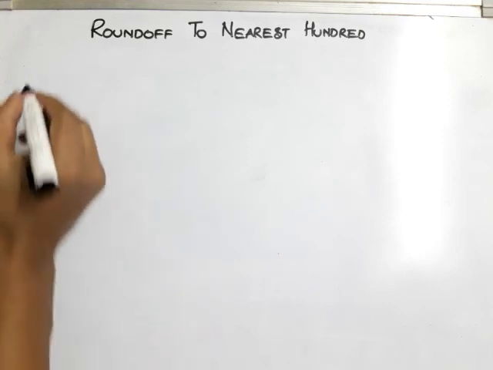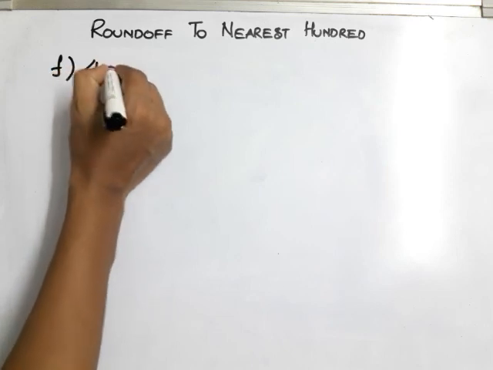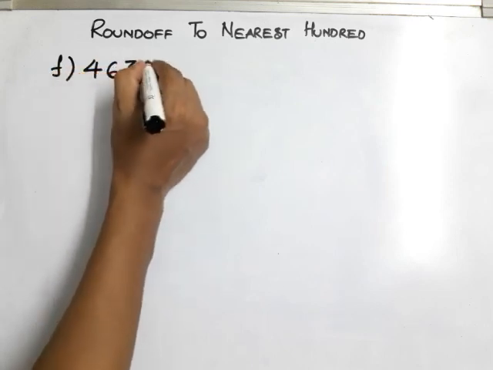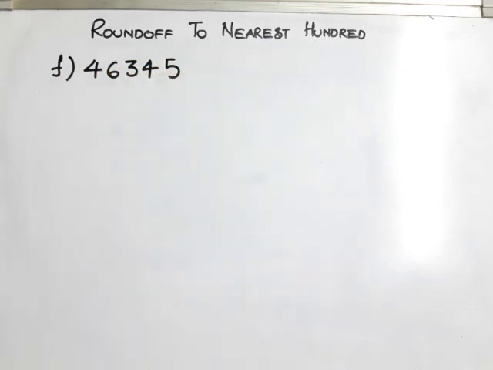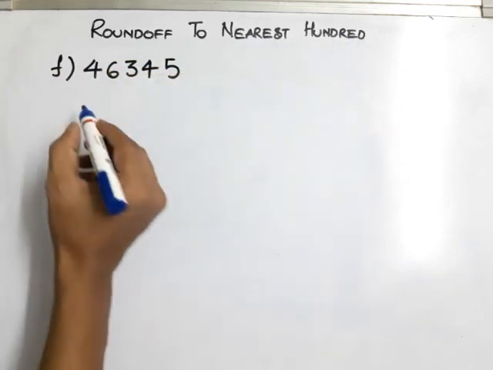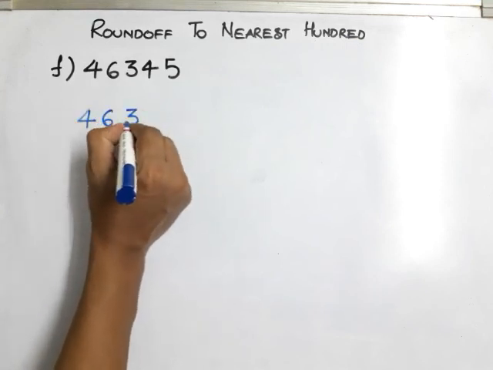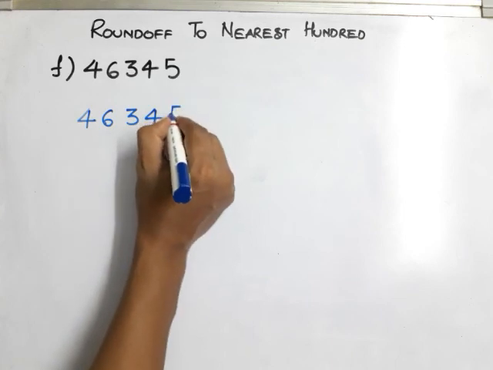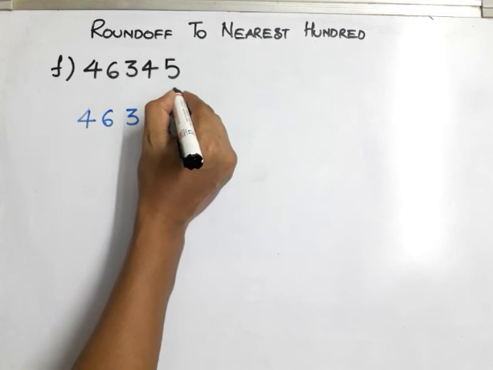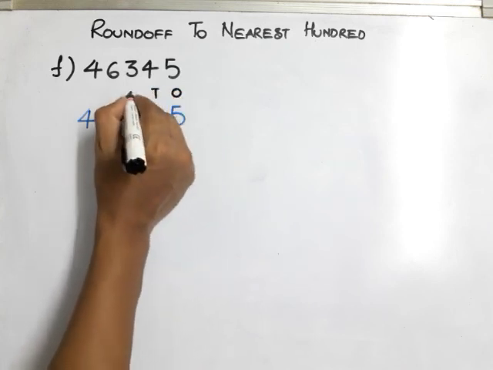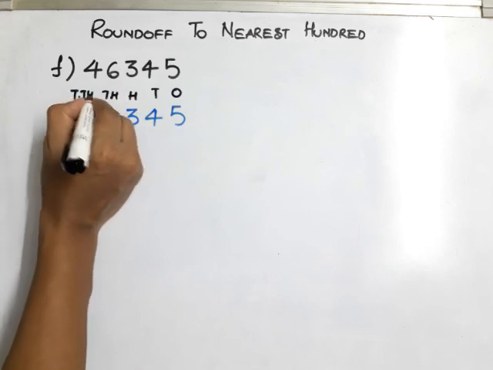The next example which I am going to take is 46,345. Same concept, round off to nearest 100. So I am writing the number 46,345. If we write the place values of the given digits: ones, tens, hundreds, thousands and 10,000s.